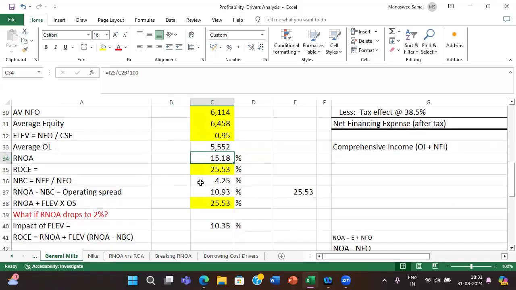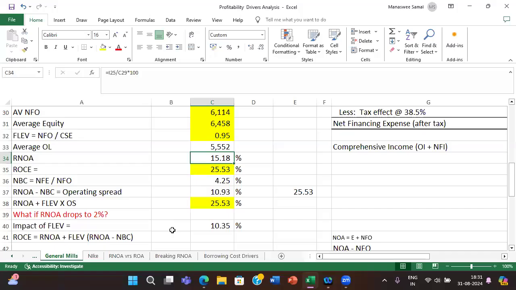ROC is 25.53. RNOA is 15.18%. So 15.18% finally got enhanced to 25.53. So this 10.35% is because of the financial leverage impact.